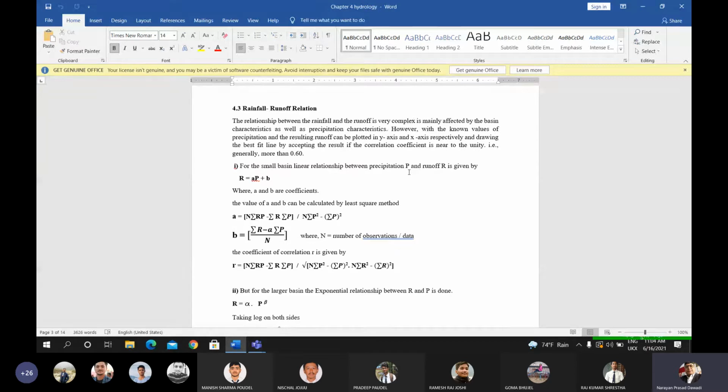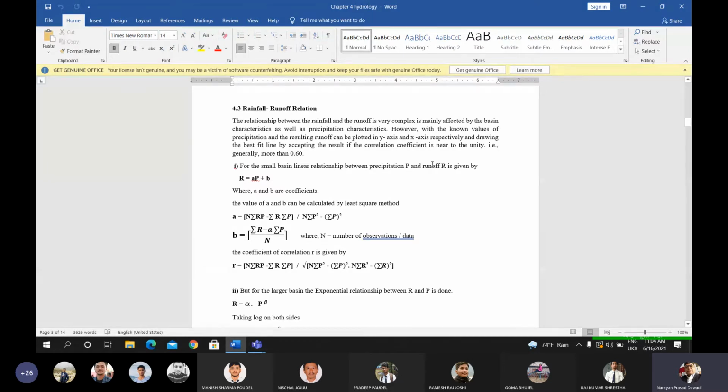This equation is the same as we used in Horton's equation. You can find the value of A using this equation, and the parameter B can be calculated after finding A. B is calculated as summation r minus A summation p, divided by n. N is the number of data provided for establishing this equation.